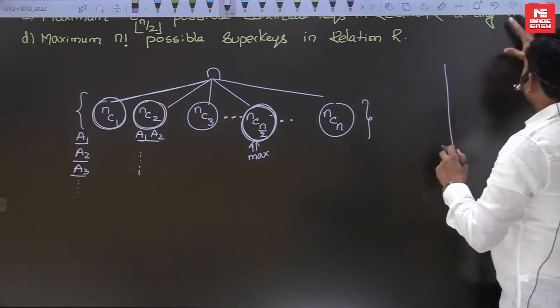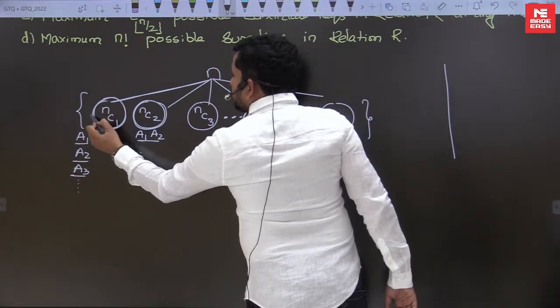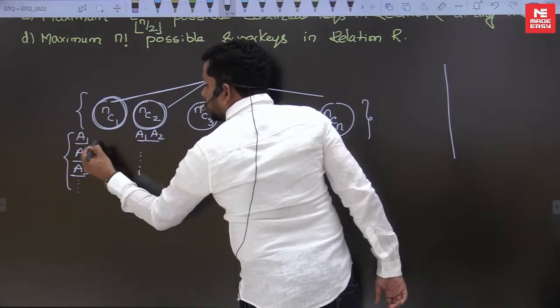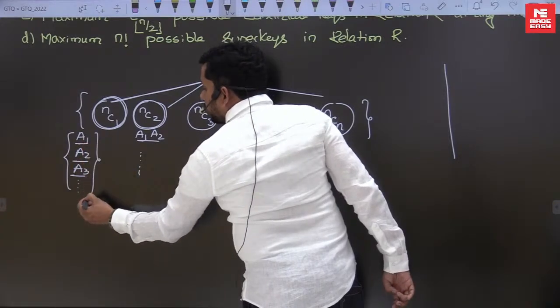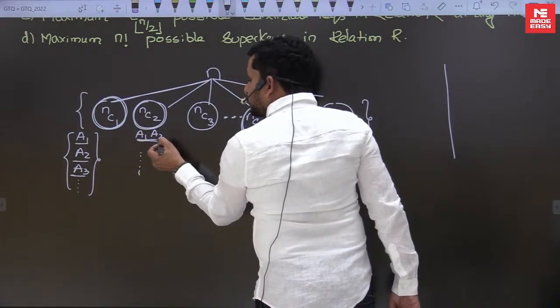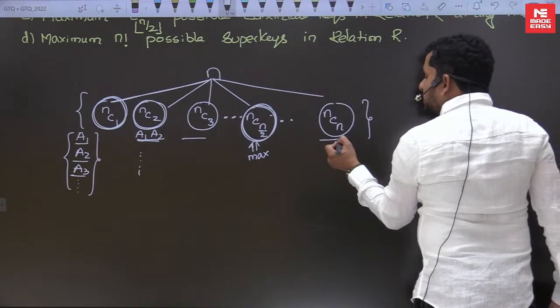And if we consider super keys, if each attribute forms a candidate key, then one attribute is a candidate key, two attributes is a super key, three attributes is a super key, and all n attributes is also a super key.